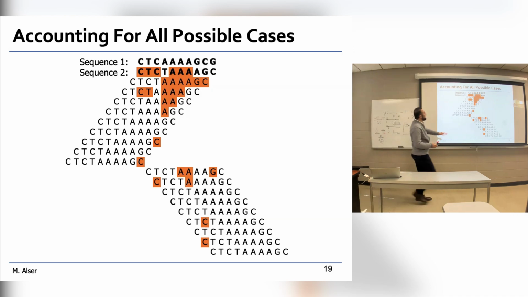Since I'm doing this all the way until the last character, I'm considering all possible deletions. Likewise, over here, I'm considering all possible ways of inserting a character. I could insert one character, 2, 3, 4, and 5.